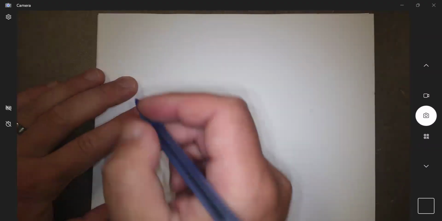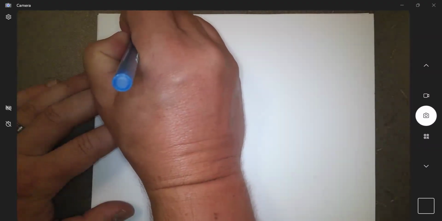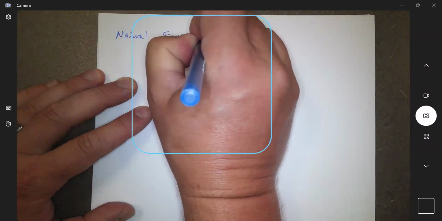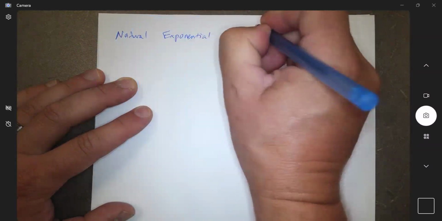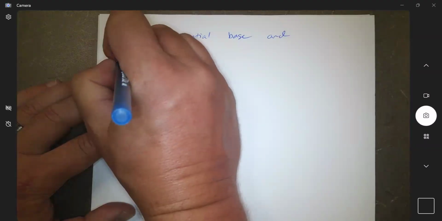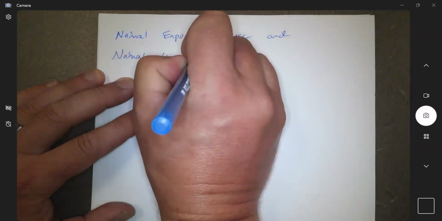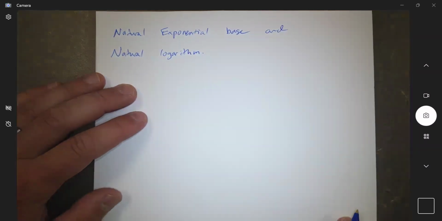Which is the natural exponential base and the natural logarithm. So in math, there are special numbers that are so special they get their own names instead of just our numerals, like pi.